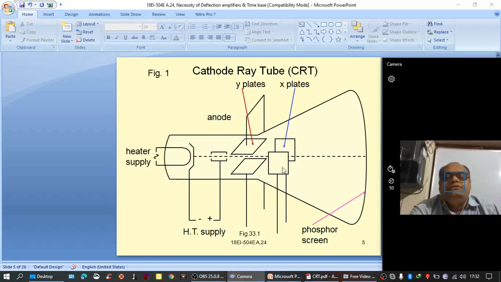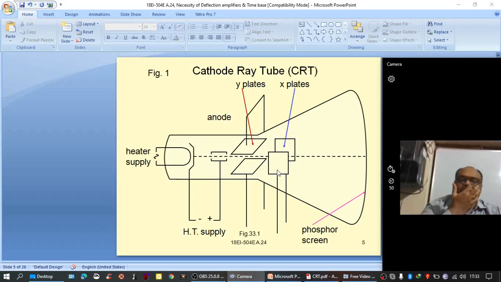Let us look into the deflection in the horizontal plane. Here, a sweep signal is applied to the horizontal deflection plates. Sweep signal means a linearly varying ramp from 0 to the maximum value and from the maximum value to 0.